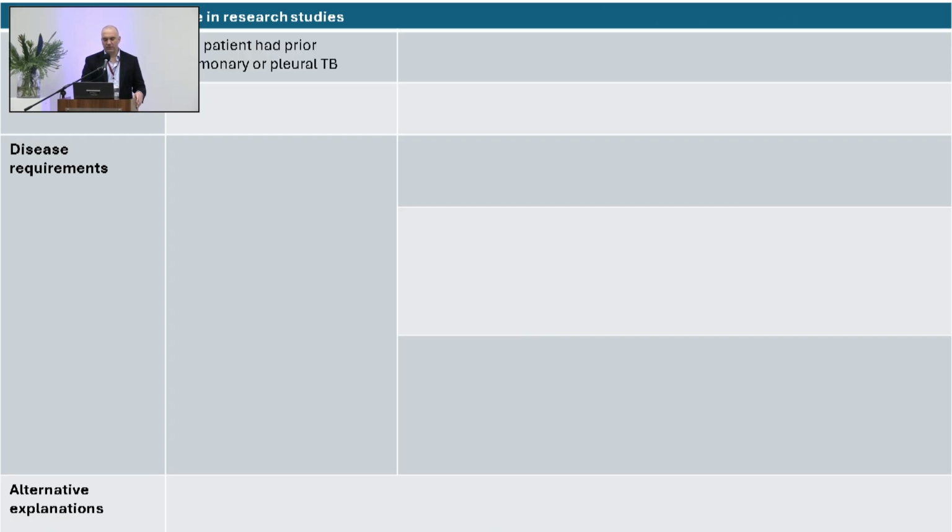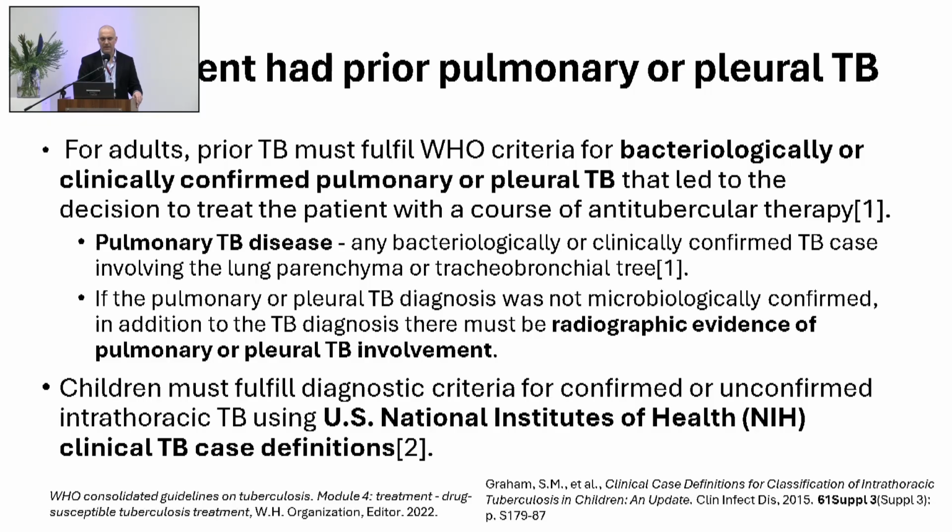So I'm just going to go through this in detail, and Brian, I guess we can get through it and then we can invite people for discussions. The number one criterion here is the patient had prior pulmonary TB or pleural TB. This was the first thing that we discussed, and I welcome comments because this is important.